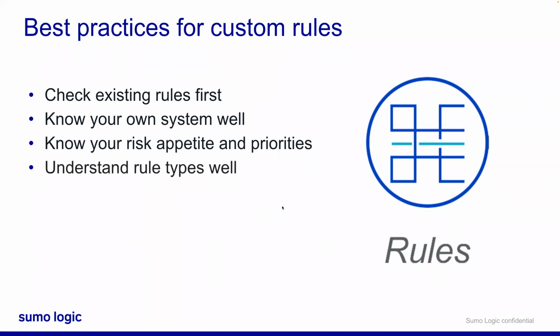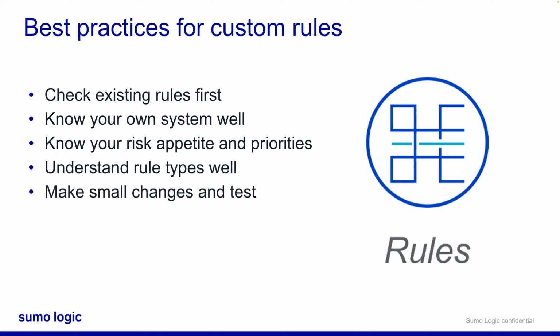Knowing those rule types, as we'll be looking at in a moment: if we need to create a match rule and we create a chain rule, things might not work as well or not at all. And so knowing the rule types that we have available to us and using the proper rule type is a best practice. For small changes, like a severity score that you might want to change, don't change it from the example of 8 to a 2 right away.